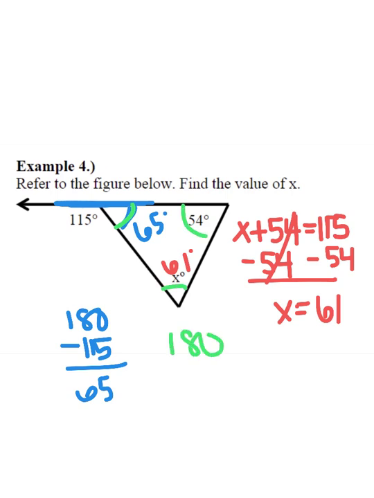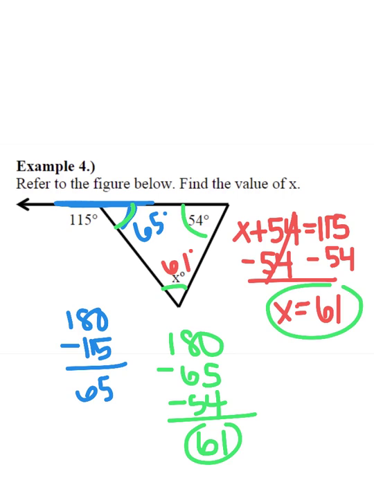So you can take 180 minus 65 that we just found, minus 54, and that'll give us x, the third angle, which is 61. So either way, whether you use the remote angles, add up to equal the exterior angle, or you just solve the triangle.